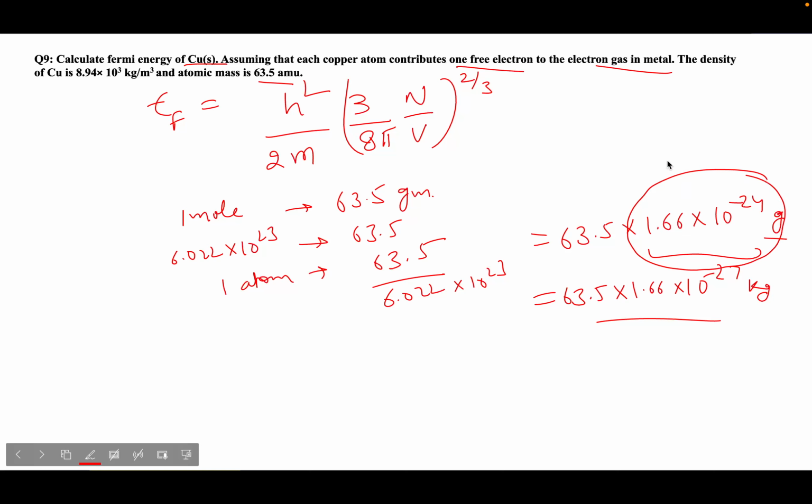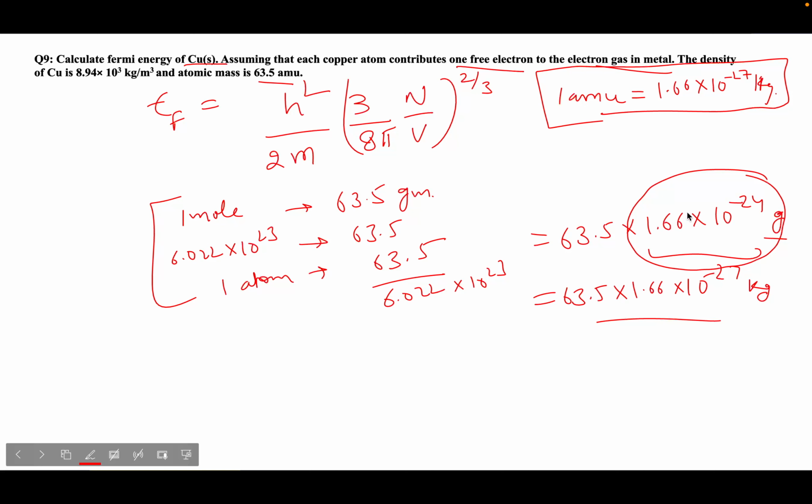What is this? 1 AMU, atomic mass unit, is equal to 1.66 into 10 to the power minus 27 kilogram. So this is the unit for converting 1 AMU to 1 kg, and this is how it came. We can use this for the mass of one copper atom.